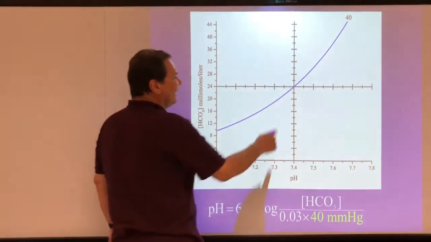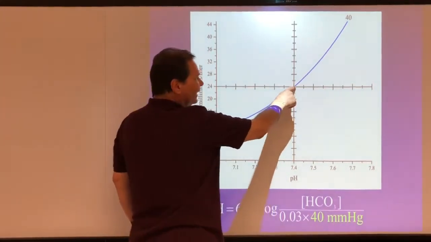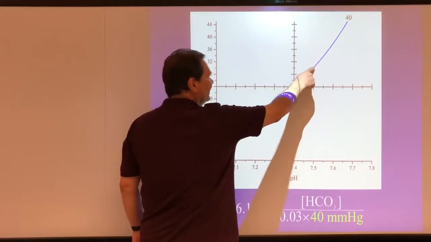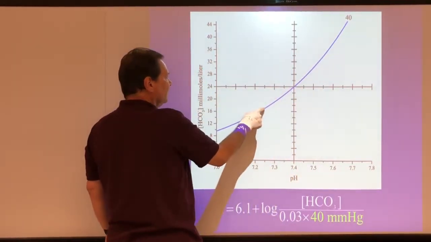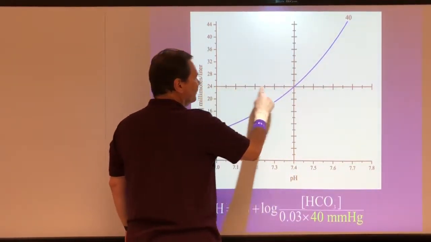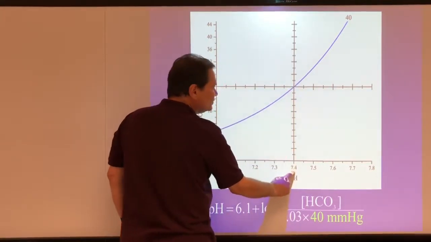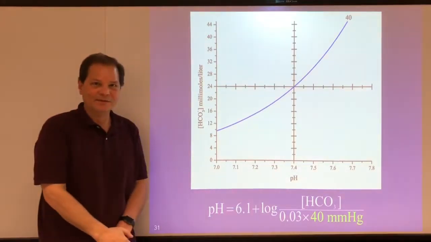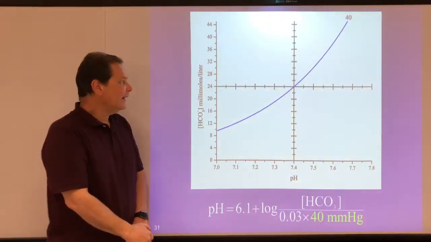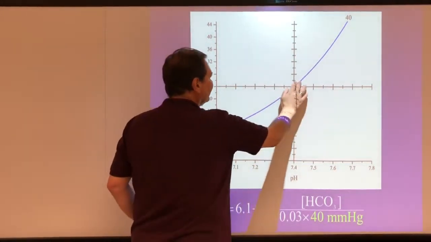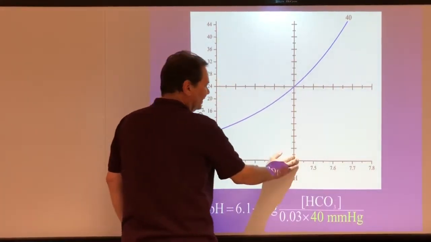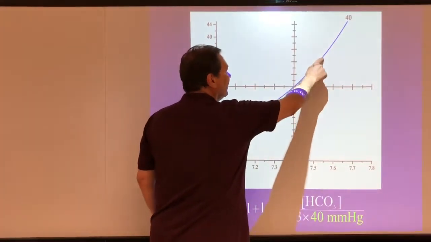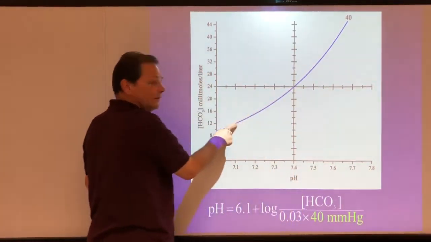So you will note that this isobar, the blue line, goes through the origin of this graph. And that means when our PCO2 is normal, 40, and our bicarb is normal, 24 millimolar, we have a pH of 7.4. And we make that the origin of the graph to make things simple, all right? And this isobar is the relationship between bicarbonate and pH at 40 millimeters of mercury PCO2.